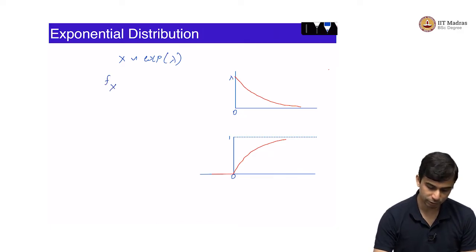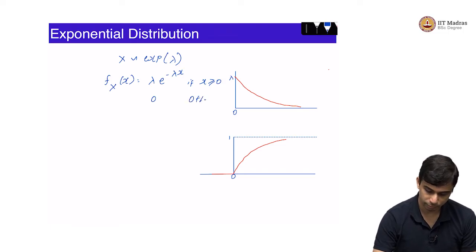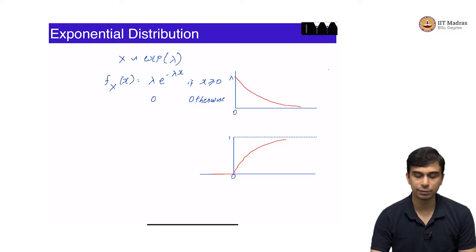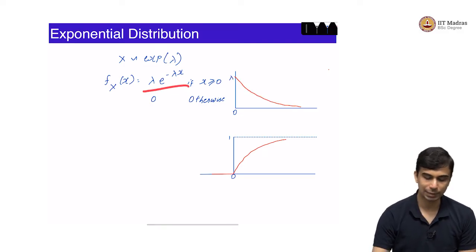Well, f_X of x is equal to lambda e power minus lambda x if x is greater than or equal to 0 and 0 otherwise. So this is a positive random variable. If you plotted the density function of this random variable, this is what it would look like. It would start at 0, and before 0 it is going to be 0. f_X of x is going to decay exponentially, lambda e power minus lambda x.